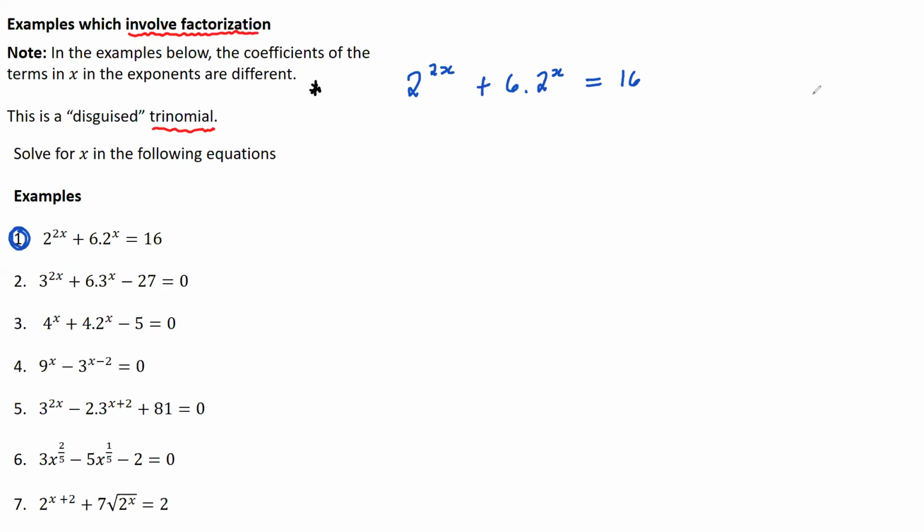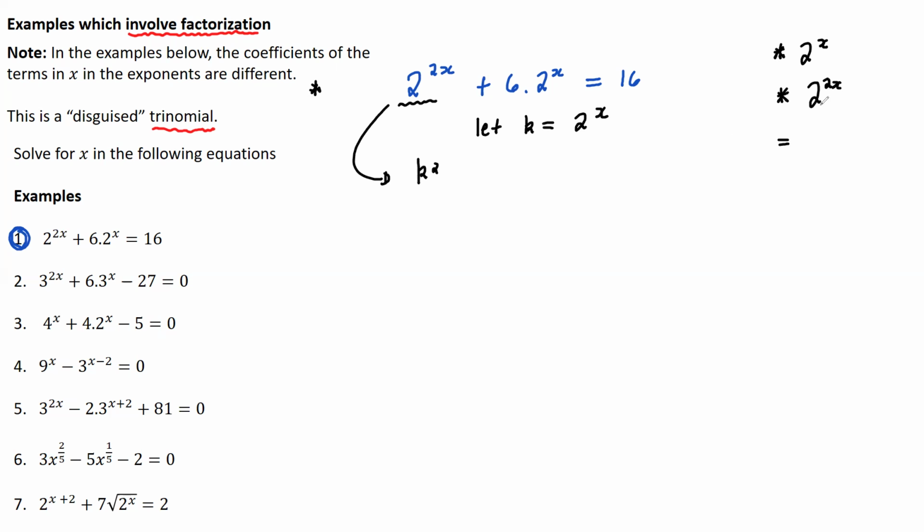And I said, okay, if you've got something like this, because I see on the side I've got 2 to the power x, I also see I've got 2 to the power 2x. And so I can always say, let the value of k be 2 to the power x, so that it makes some sense. If I do that, then this guy should become k squared.